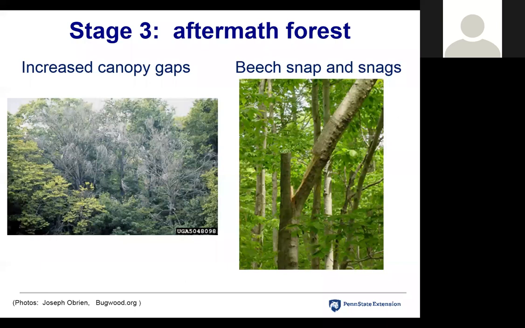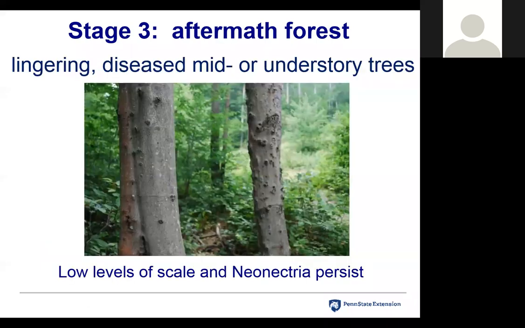At this point you really do see increased canopy gaps from the mortality of overstory trees. A lot of you have seen this already for decades. We tend to see a lot of beech snap as well, so those trees create snags, which is not necessarily a bad thing to have in the forest, but again we see a lot of that overstory mortality.